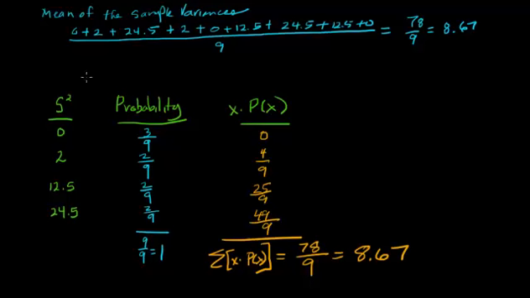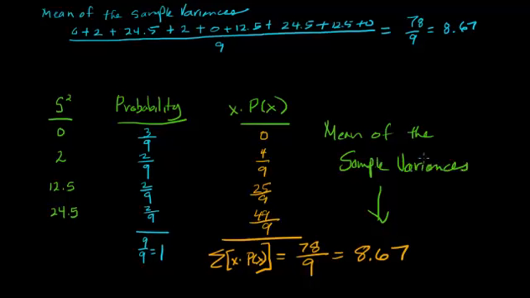Again, we get the mean of the sample variances. It's identical to the population variance. So the mean of the sample variance is exactly the same as the population variance.